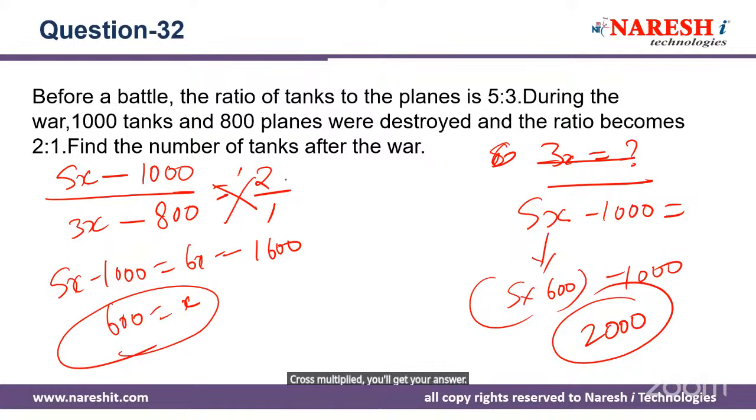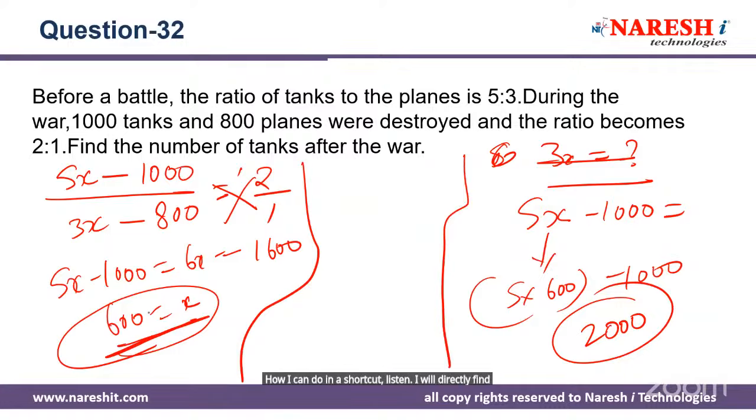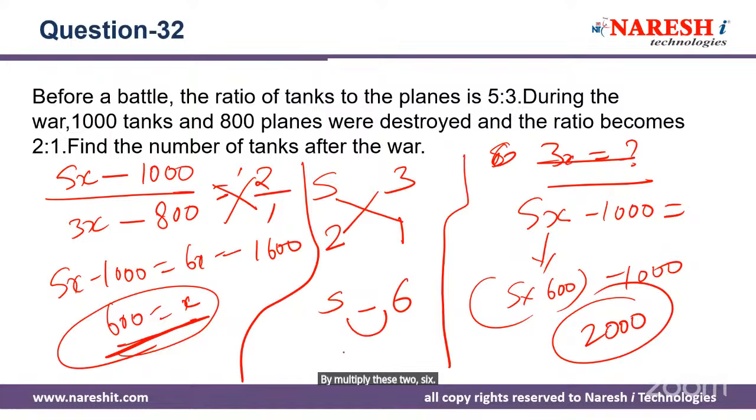Now, how can I do it in a shortcut? Listen, I will directly find this answer. Okay, now see how. 5:3, first ratio, next ratio 2:1. Multiply these two, 5. Multiply these two, 6. What is the difference? One part. That one part is 1x. Next, 1,000 tanks, 800 planes.